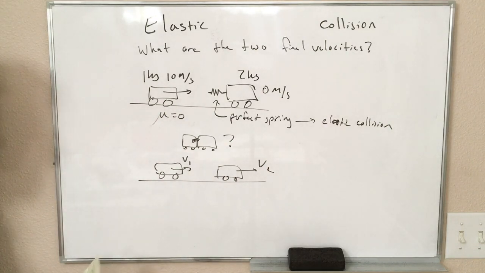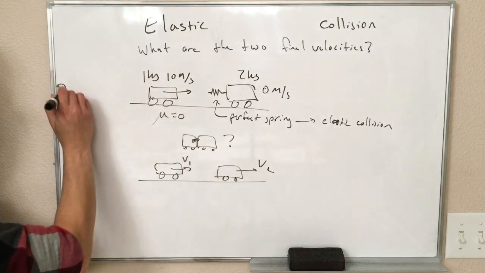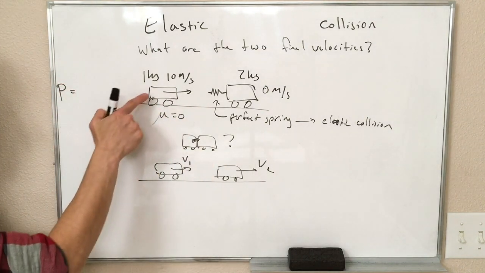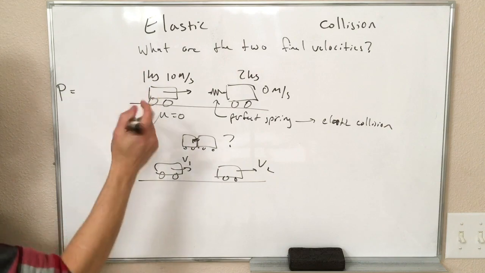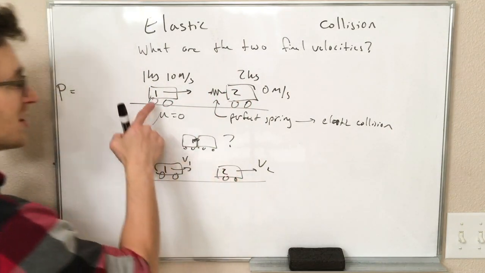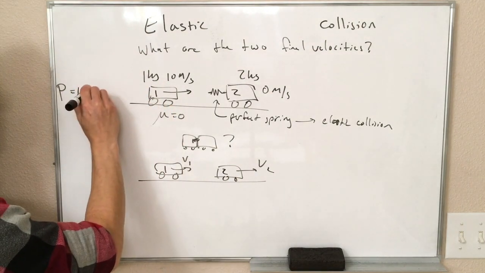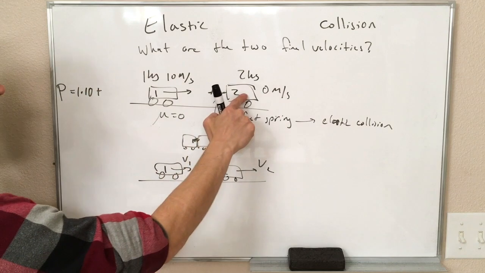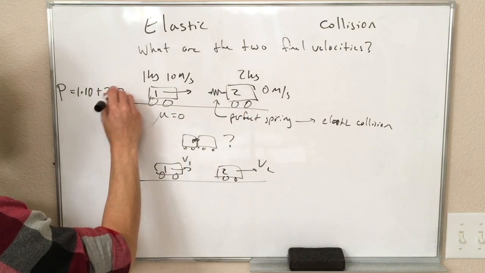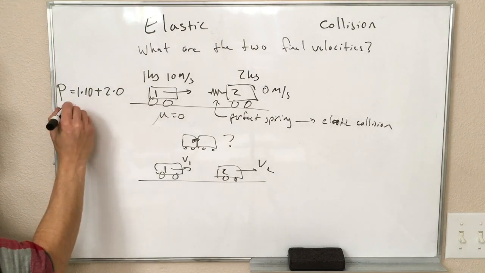All right, great. So our momentum at the beginning is equal to the momentum of cart 1, which is mv, plus the momentum of cart 2, which is mv. I should label these carts just so we can talk about them. So that's 1 times 10 plus 2 times 0.